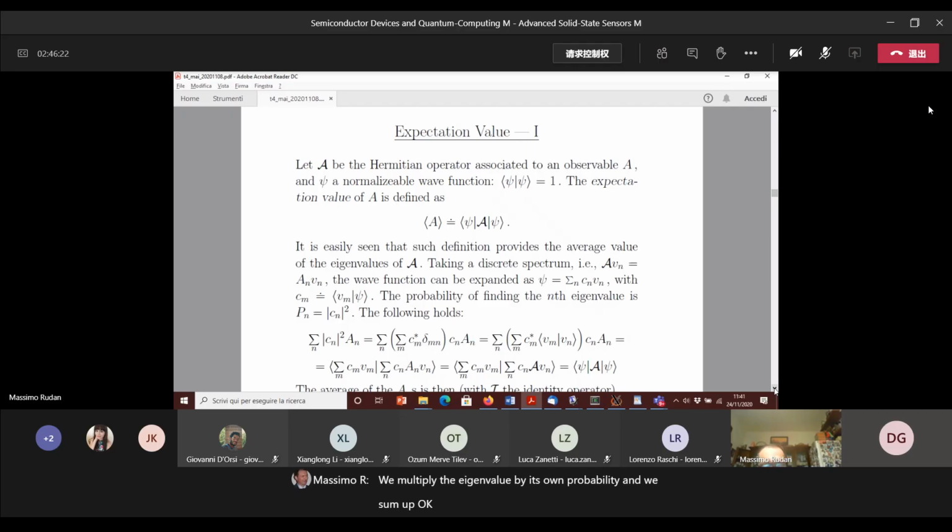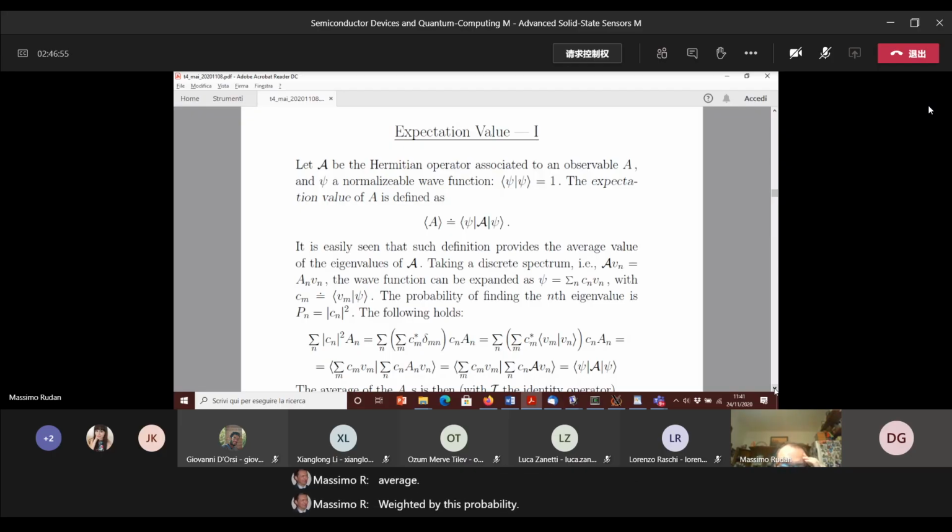In principle, we should divide by the sum of the Cn squared, but this is equal to 1, so we don't do it. So the sum of Cn squared times An is the average value of the eigenvalues by definition of statistics. There is no quantum mechanics here. It is just a set of numbers. Each number has its own probability and we take the average weighted by this probability.